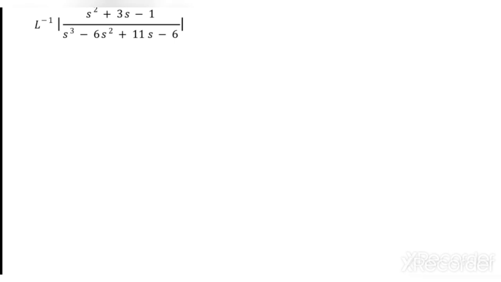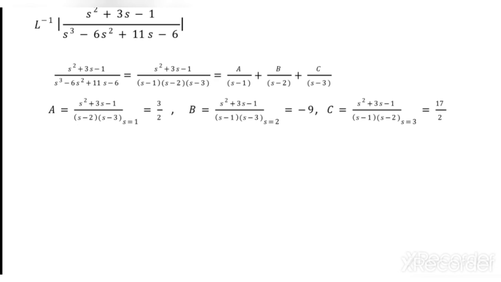Using a calculator we can get the roots first. 1, 2, 3 are the roots. That's why s minus 1, s minus 2, s minus 3 will be the factors. So split that into partial fractions: a by s minus 1 plus b by s minus 2 plus c by s minus 3. With the same concept we just discussed, we can find a, b, c.